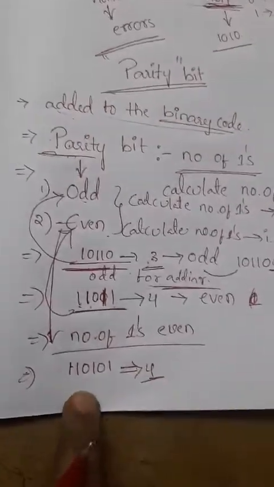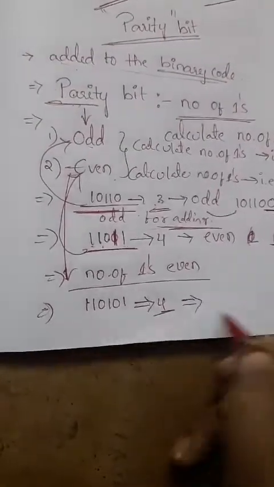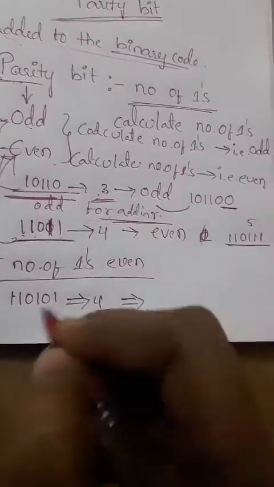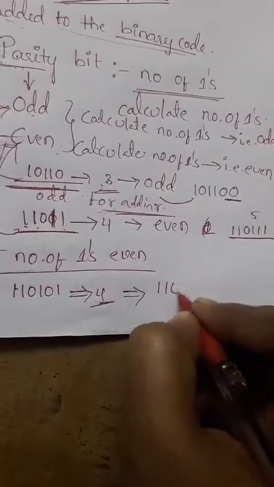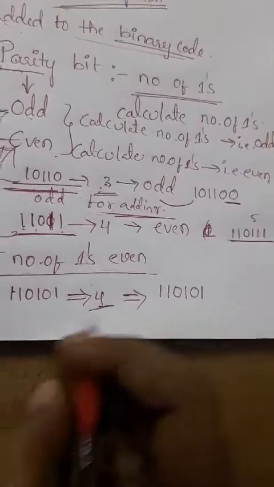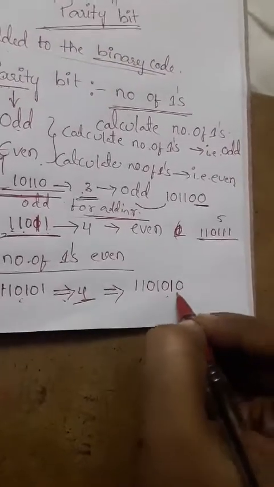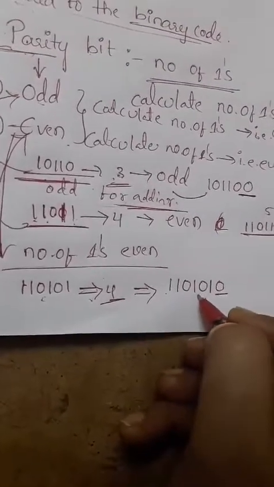So to make it even parity, it is already even parity, so no need to add anything. It won't add any binary numbers, that means it won't add any 0 or 1 information. We'll take that information as it is. But to make it even parity, I can add 0, because it's already in even parity.